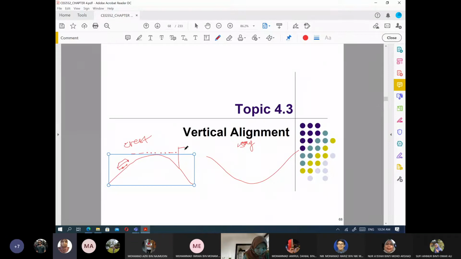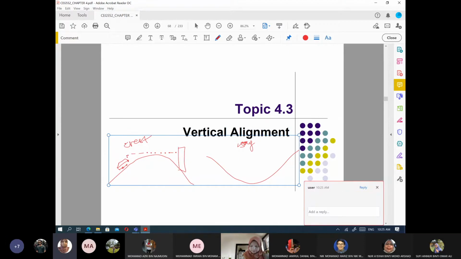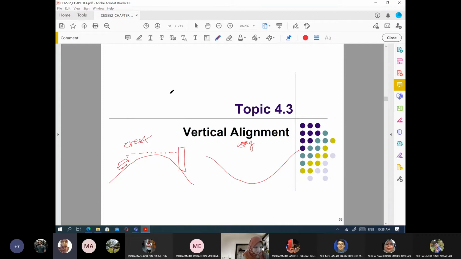Katalah kat sini ada satu obstacle, katalah di situ ada tiang ke apa ke, mungkin tengah buat construction ke. Okay, daripada the driver's eye di sini. Oh, I didn't notice that when I use this PDF akan jadi macam ni. Okay, never mind. Kita try mana boleh.